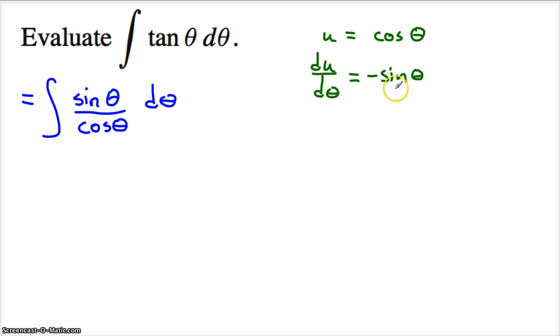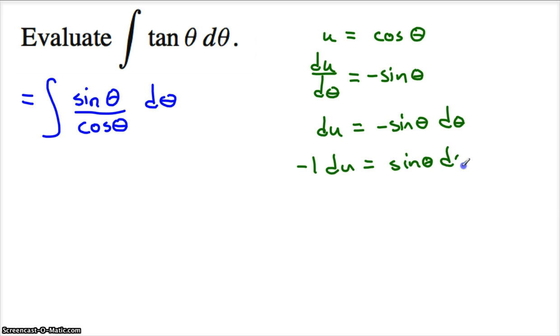Then I'll multiply both sides by d theta, so I'll get du equals negative sine theta times d theta. And one more step: I'll multiply both sides by negative 1, so I'll get negative 1 du equals sine theta d theta.